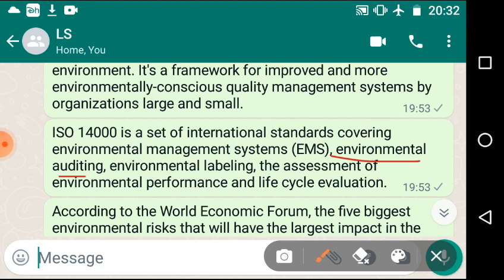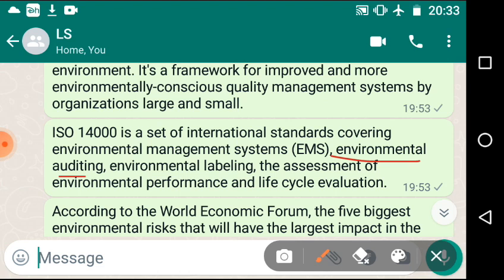So normally an environmental audit assesses the nature and to what extent it is causing harm to the environment by the activities of the company, like the waste that is generated or noise from a particular company.